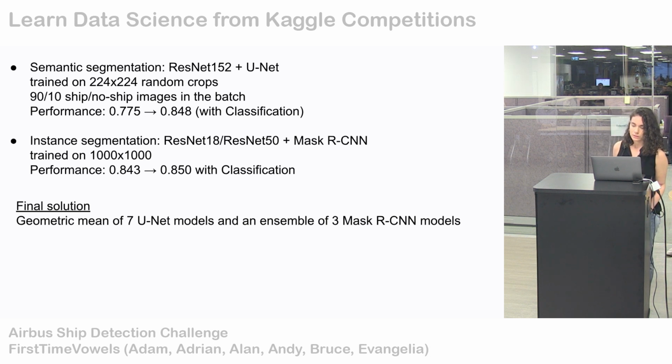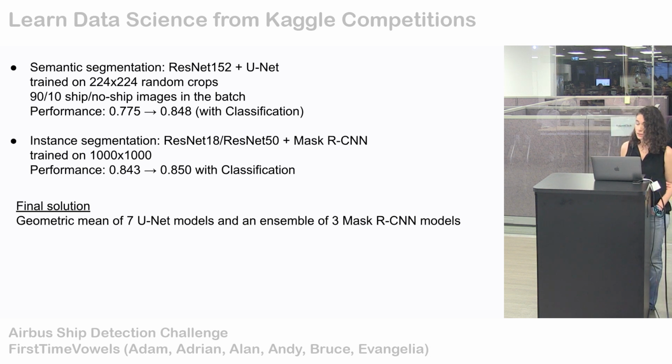Well, the final result was 0.848, so it was not extremely better, but the difference was better. And then another thing that they used was Mask R-CNN with ResNet 18 or ResNet 50. And it took them from 0.843 to 0.85.